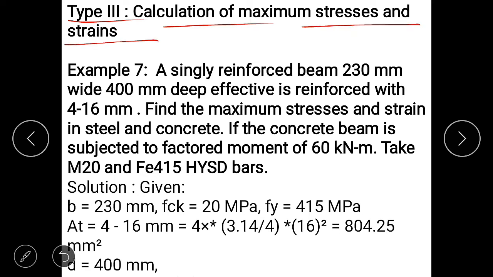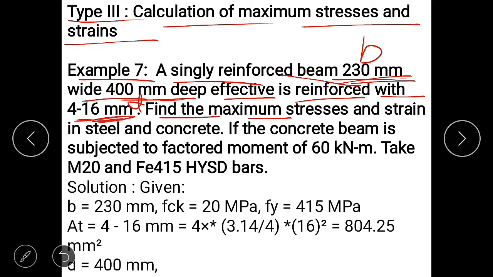Example number 7: a singly reinforced beam, 230 wide, means b is 230, and 400 deep effective, means small d is 400, is reinforced with 4-16, means 4 bars of diameter 16.